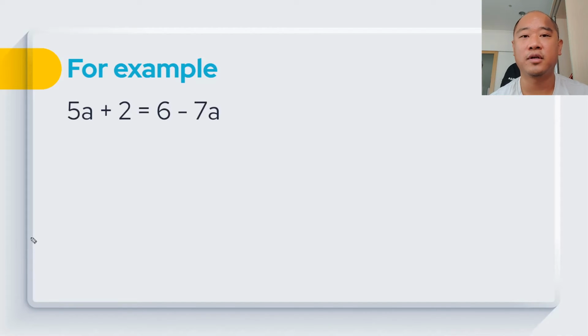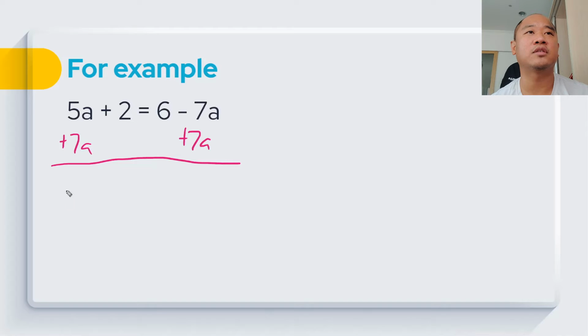Okay, so you've done some math and you've figured some stuff out, so let's do it together and see if we got the same answer. So it doesn't really matter, you could add 7a to both sides. So this is going to be 12a plus 2 equals 6, and then subtract 2 on both sides.